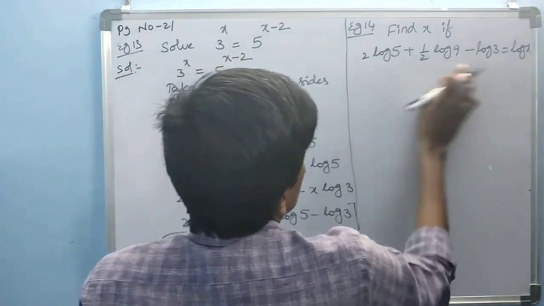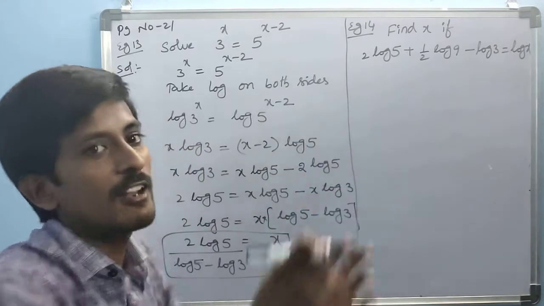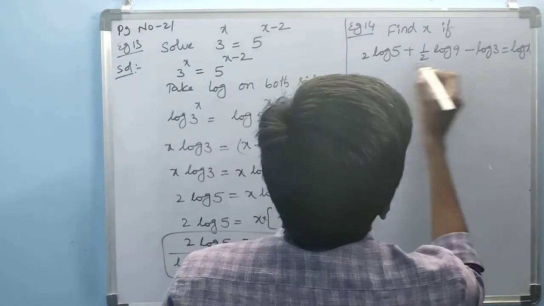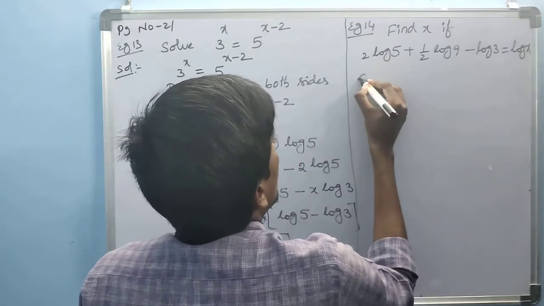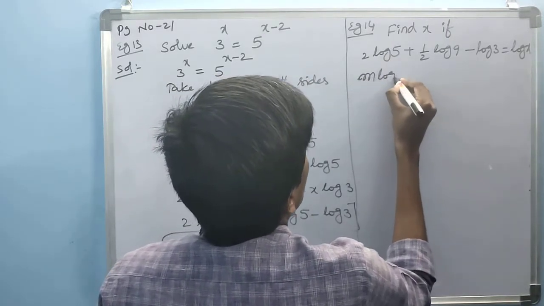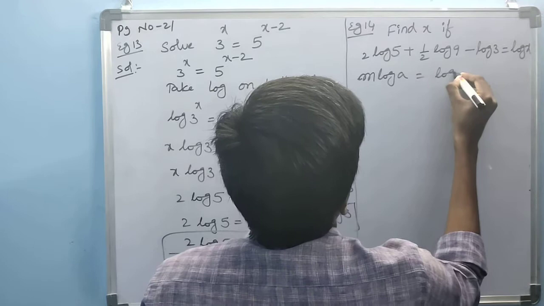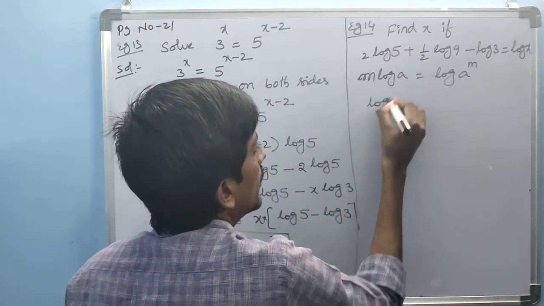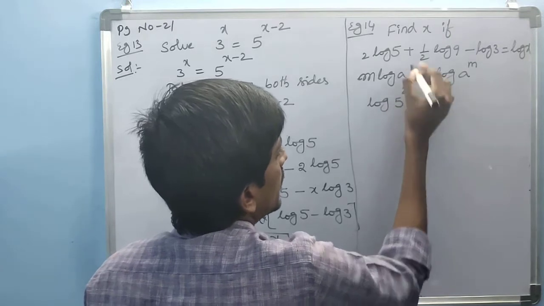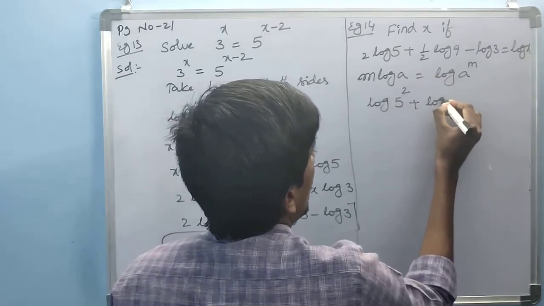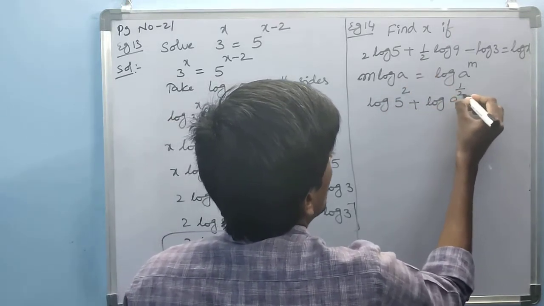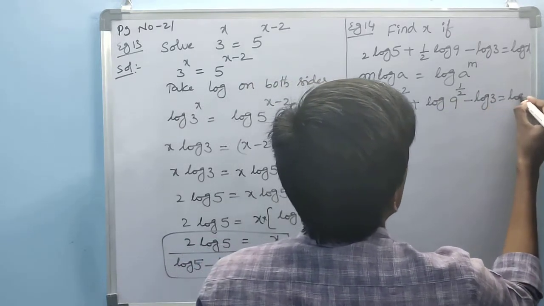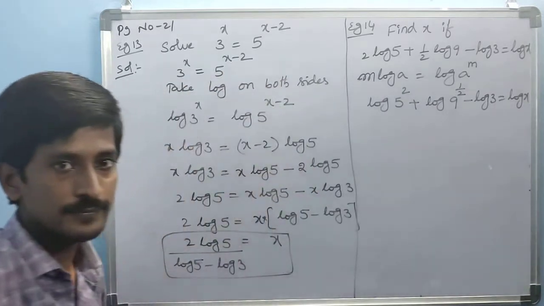First, this expansion can be converted into a single logarithm. Which formula is this? m log A, log A power m. So log 5 square plus log 9 power 1 by 2 minus log 3 equals log x.